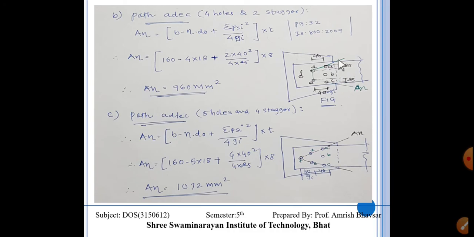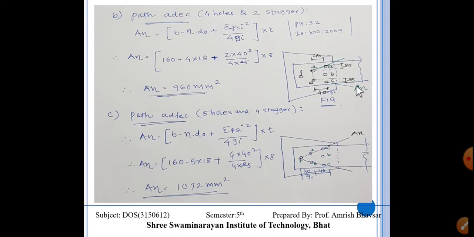Now the next path is ADEC. Here this kind of failure we have taken. In this case the pitch distance is 40 and the gauge distance is 25, right. So we are putting this data in our equation which is given on page number 32.